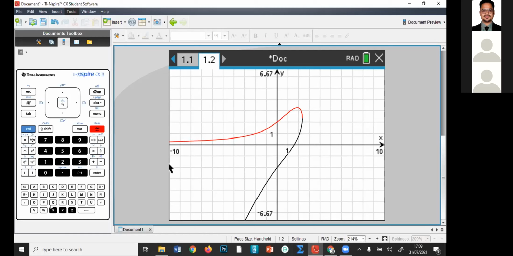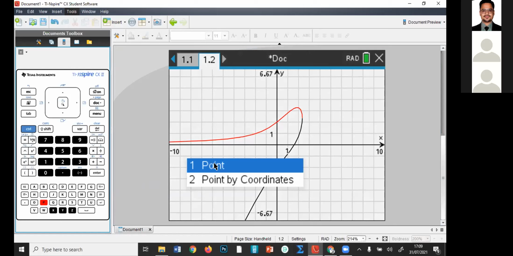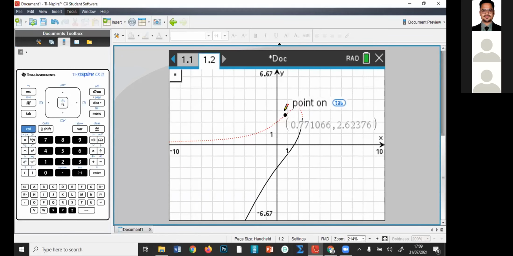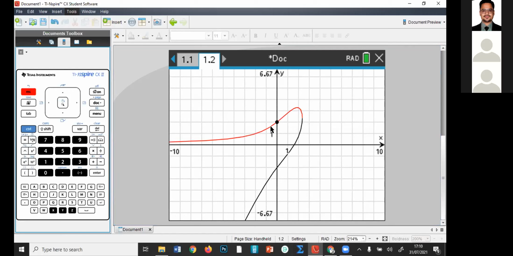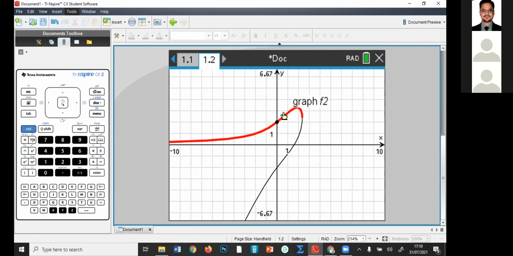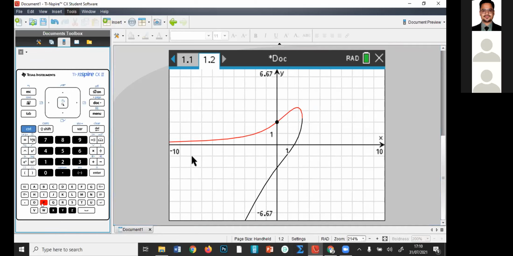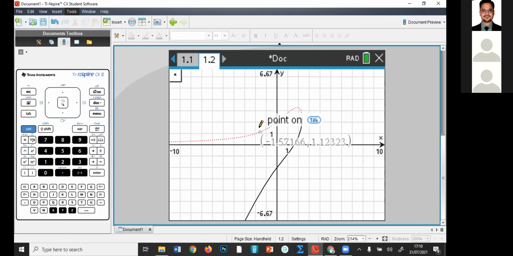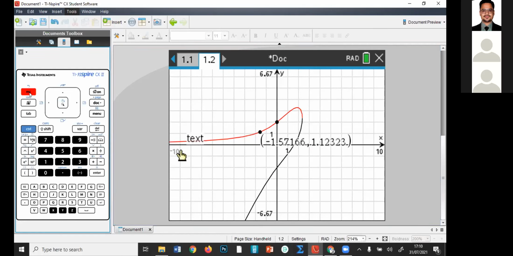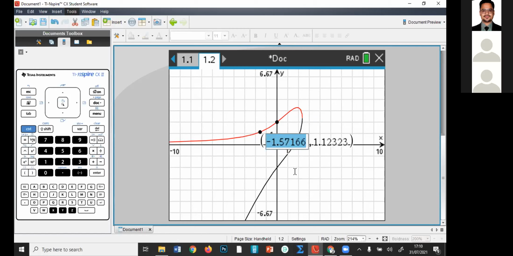So you can take point P and you can place it anywhere. Just press P, go to point, and this one you can write 0 comma 2.